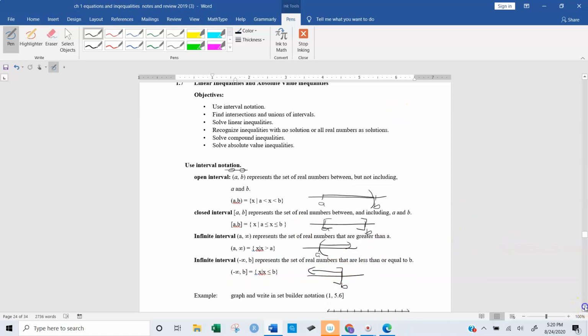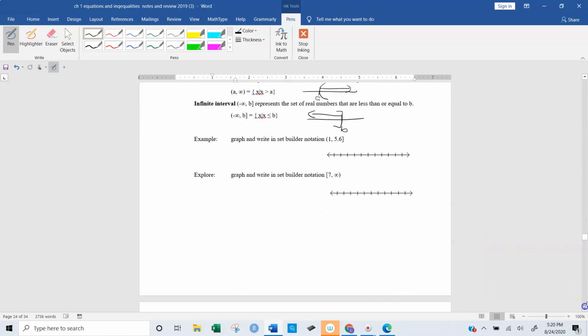All right, let's try this with some numbers so it makes a little more sense. I'm going to do mine and you're going to do yours. We're going to write this in set builder notation also, which I'll talk about here. So let's go 1, 2, 3, 4, 5. So 5.6 is right there, we're going to say.